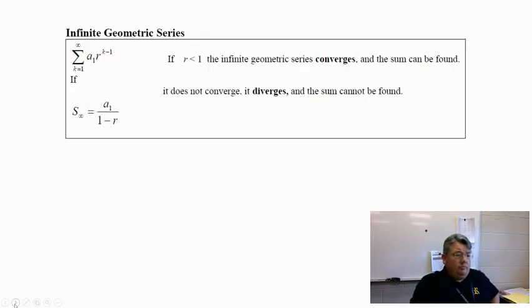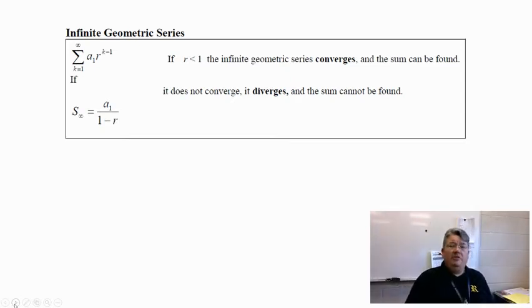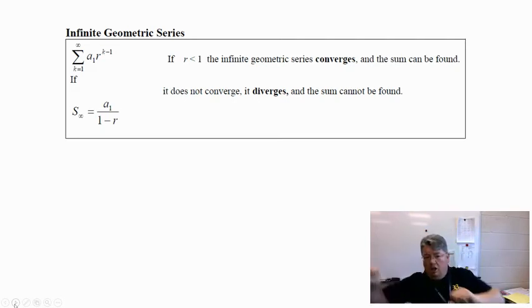Okay, cool. Now, geometric series. If the ratio is small, think about a sequence where it's getting smaller all the time, like 1, 1/2, 1/4, 1/8, 1/16. Those numbers are getting smaller every single step of the way. Well, eventually they're going to get so small that they are indistinguishable from 0.